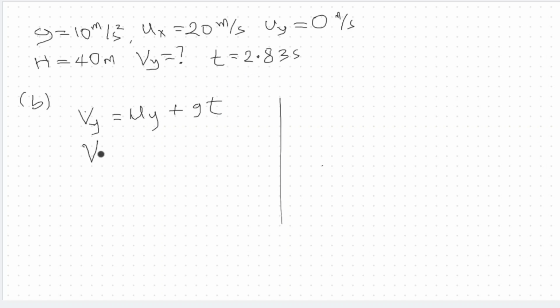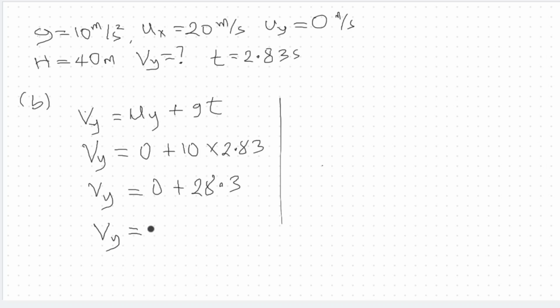So we have 0 plus 10 times 2.83, so v_y is 0 plus 28.3, which gives v_y as 28.3 meters per second. That's our answer.